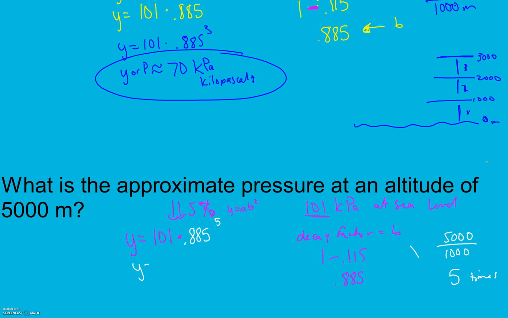So here, when I type this in my calculator, I'm going to get approximately 54.8 or 55 kilopascals. Again, it should be smaller because we had more of the decreases. And our decay factor we find by subtracting versus our growth factor that we find by adding. But apart from that, we calculate everything the same way.